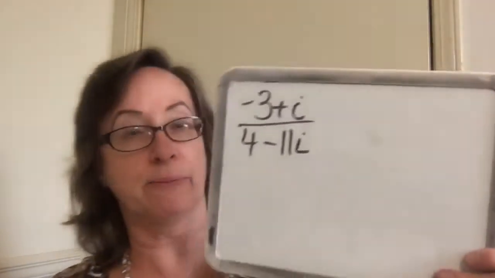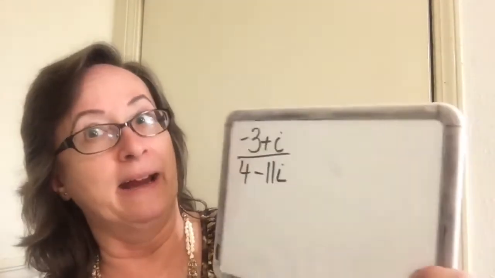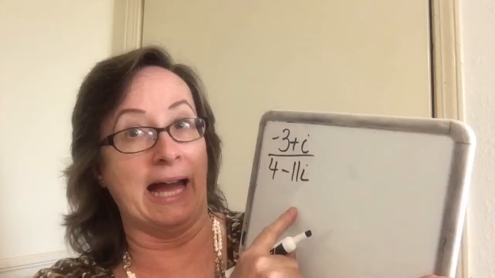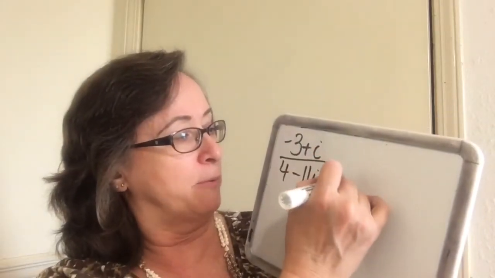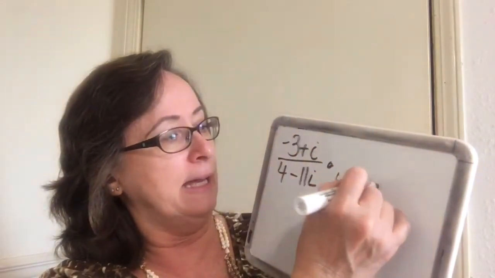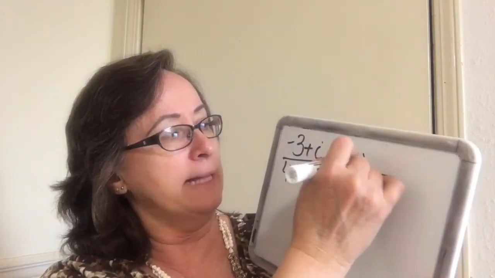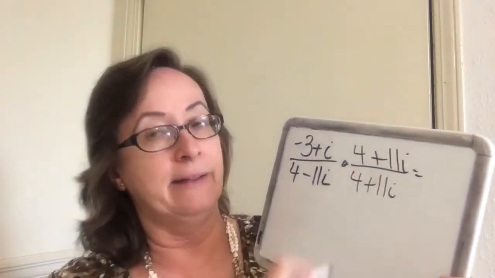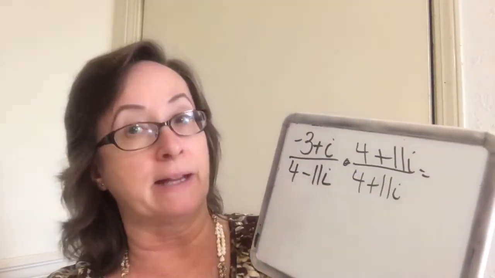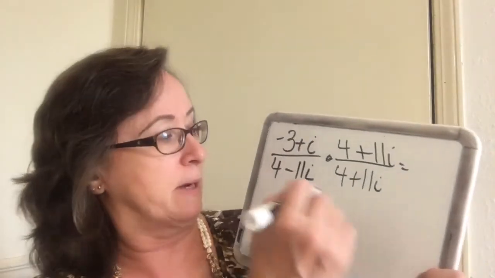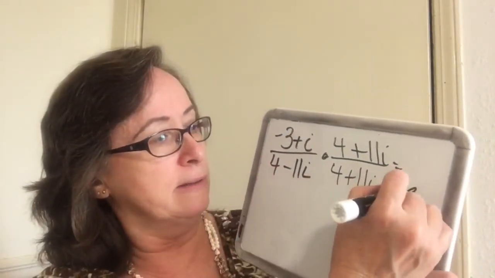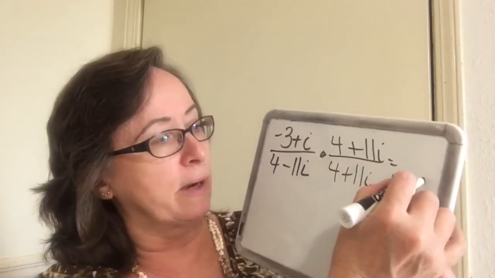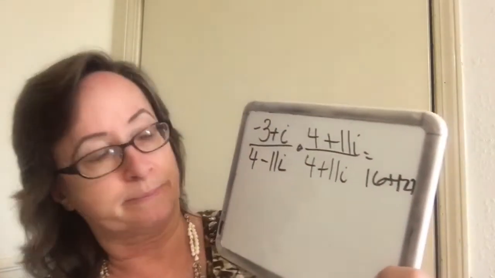So when I'm doing this one, I am going to get rid of the i in the denominator. So I'm going to multiply by 4 plus 11i over 4 plus 11i. In the denominator, because I multiplied by conjugates, I should get a squared plus b squared, which is 4 squared, 16, plus 11 squared, 121.